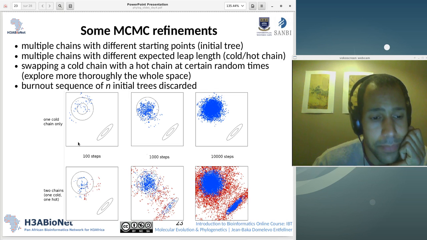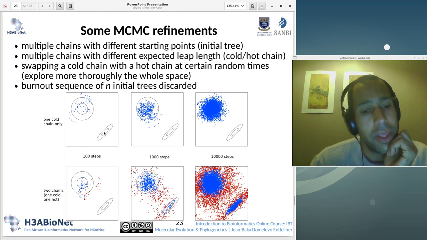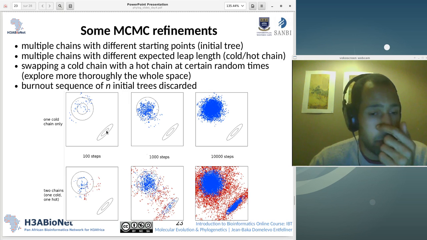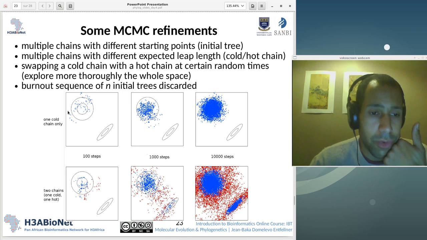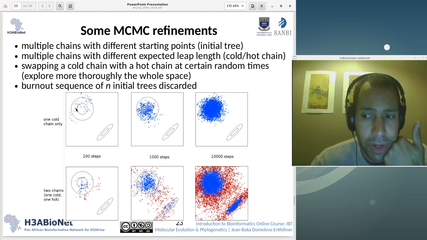So this slide here shows you an example of the exploration of a space where you have two peaks, two mountains. You have here a round mountain. These lines are contours, I think, lines of equal altitude.